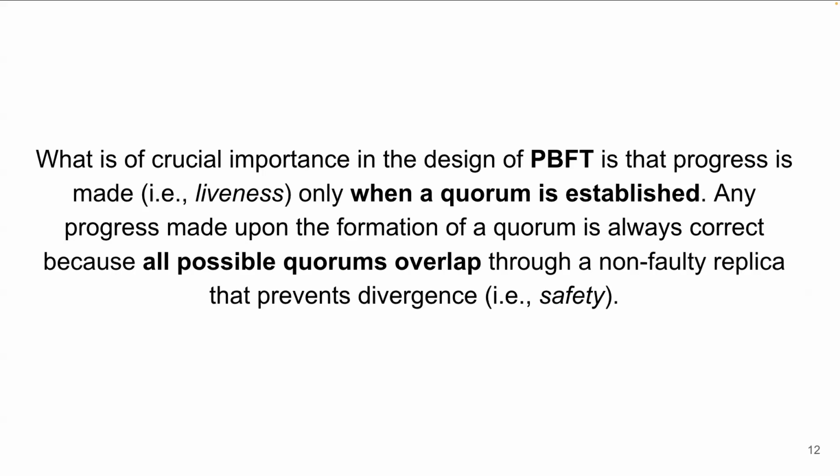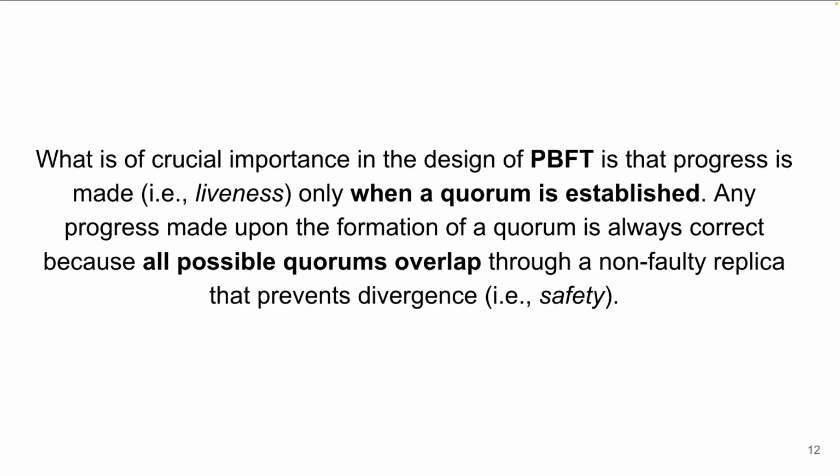The most important thing I would say in PBFT is that progress is made, and the protocol is live, if and only if a quorum is formed. That gives us liveness. And the safety is that all possible valid quorums intersect over one replica. That gives us safety.